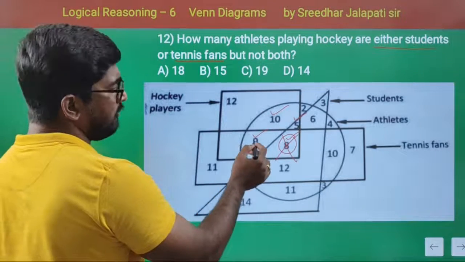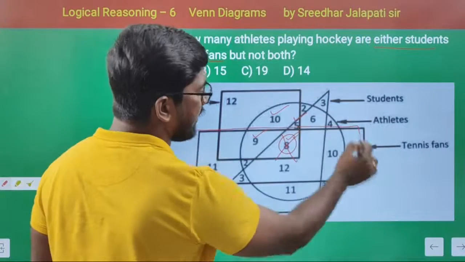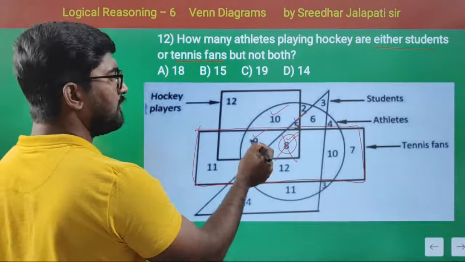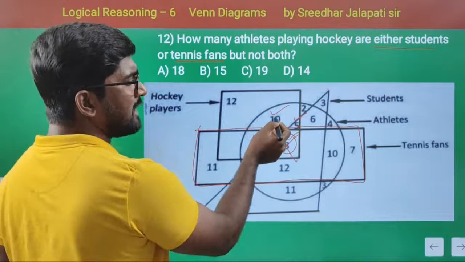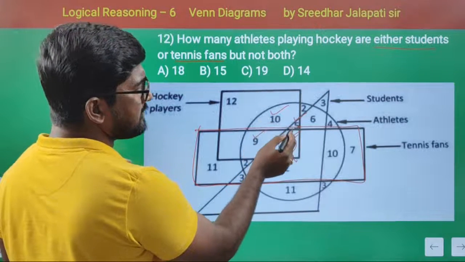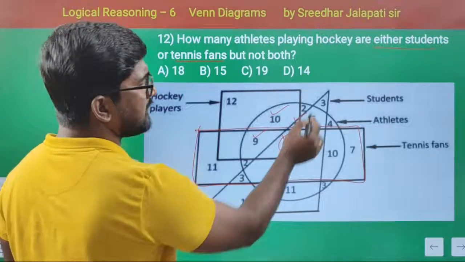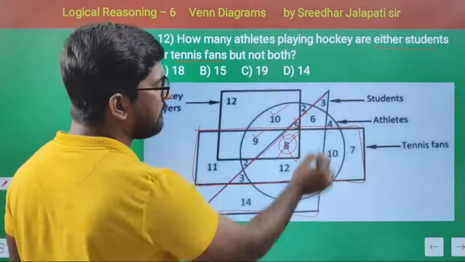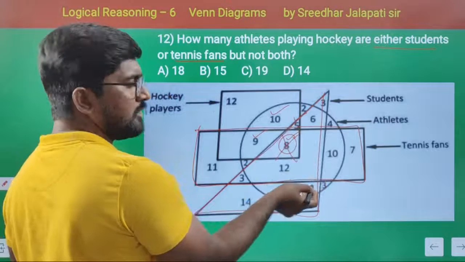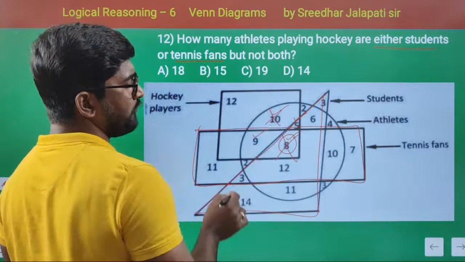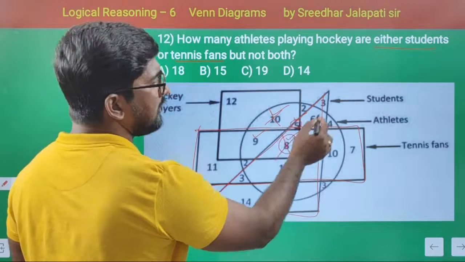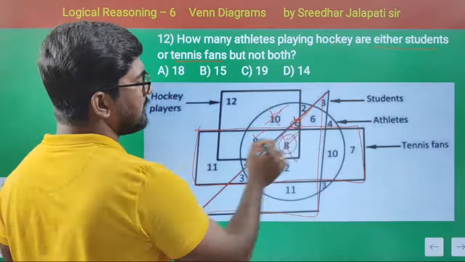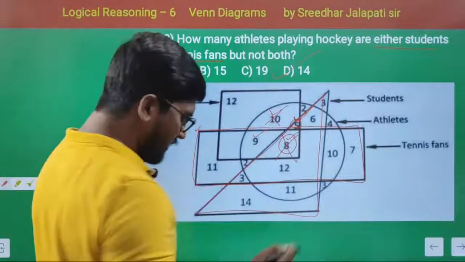And 9 I have to take because these 9 are tennis fans and they are not students. So 9 we have to consider. This 10 is not in students, not in tennis fans. If it had been in the triangle, we would have considered it for students, and it is not in the rectangle also, so ignored. And this 5, these are students, so I have to consider. So 9 plus 5, 14, option D is the answer.